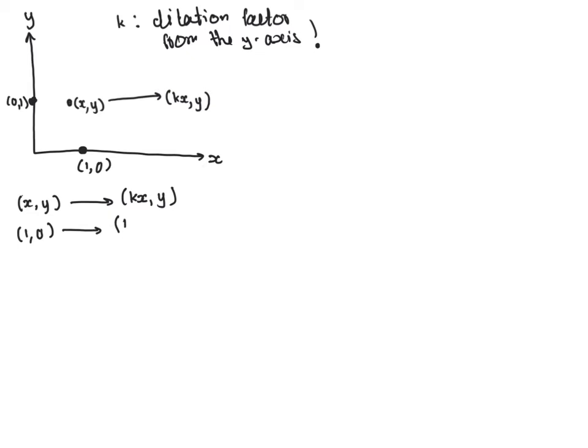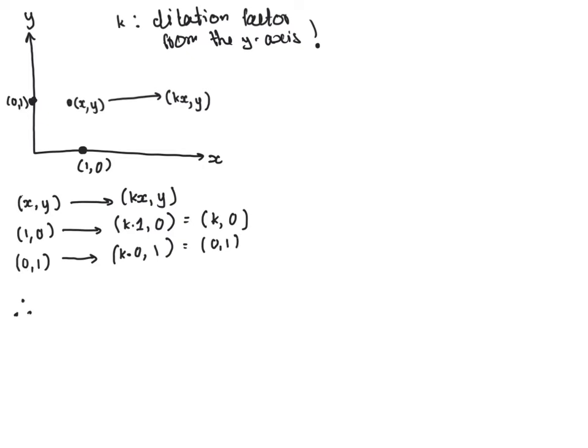If we apply this to 1 comma 0, we would get k times 1 comma 0. We are just multiplying x by k, and the y remains as it is. And then 0 comma 1 becomes k times 0 comma 1, which equals 0 comma 1.